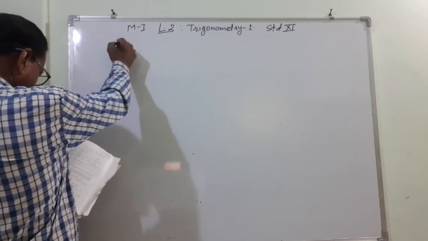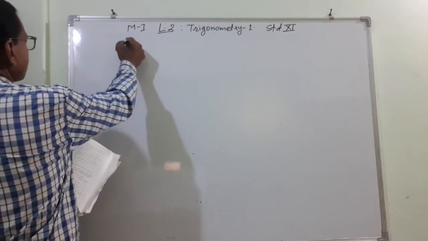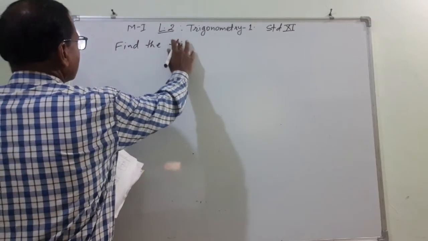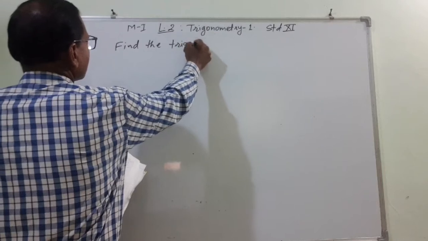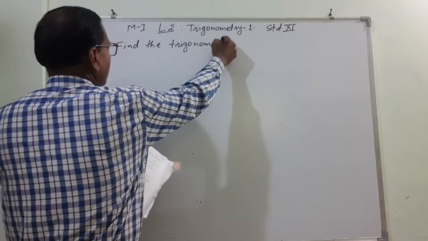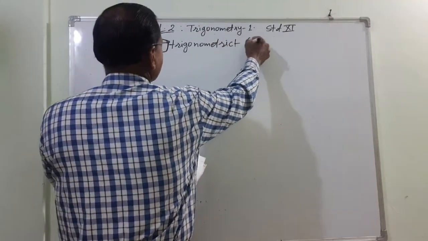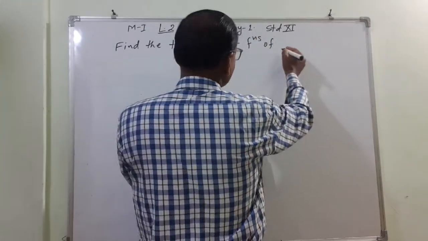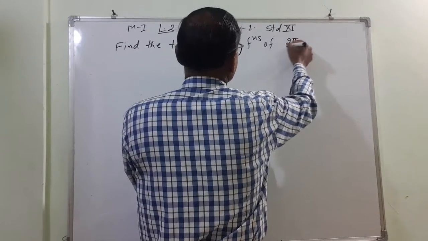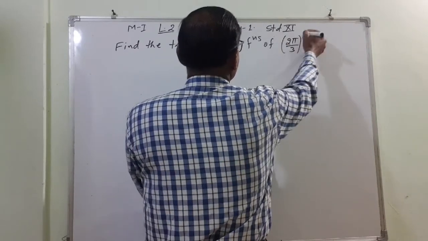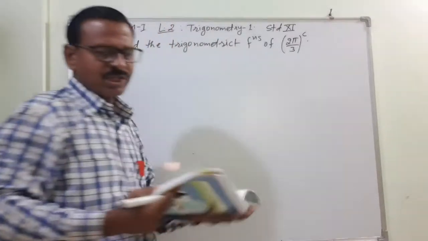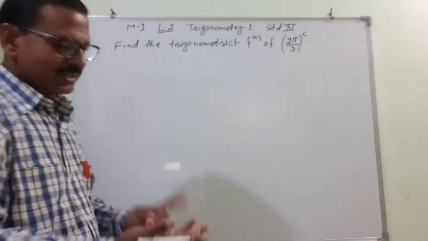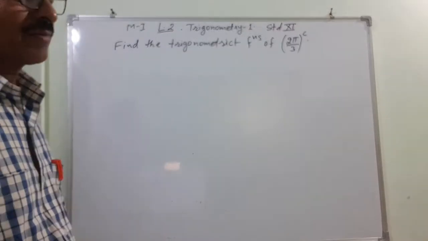Find the trigonometric functions of 2 pi by 3 radians. Of this question, I want to find the trigonometric functions. Which are the trigonometric functions? Sine, cos, tan. These are the trigonometric functions.